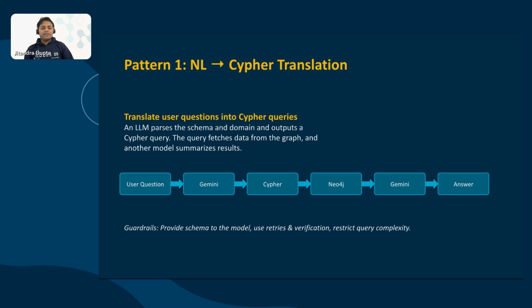Also add retry capabilities to your code or application that you are building around it. And there should be verification, or I would say test cases already performed, ensuring that there are no errors whenever it is interacting with those Neo4j graphs.